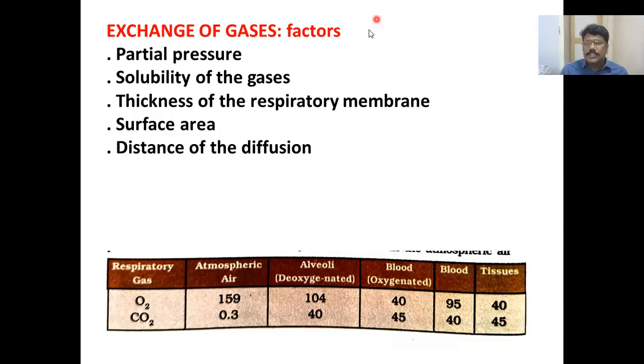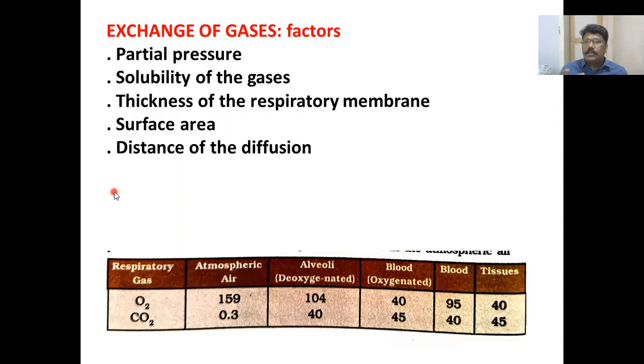And this gas exchange depends on various factors, and these factors can be identified as follows. The first one is the partial pressure. A partial pressure refers to the pressure of an individual gas in a gas mixture. That means the air we take into our lungs consists of many gases in addition to the oxygen.